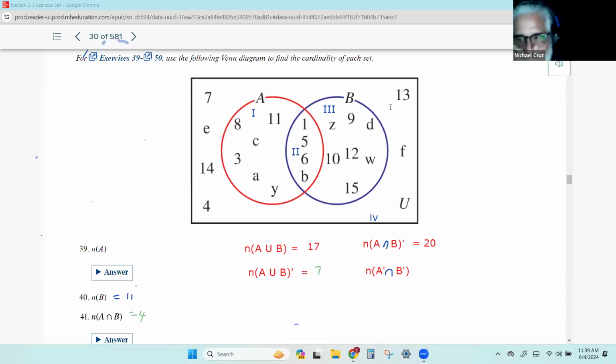So 1, 2, 3, 4. They're always in order, starting with the one on the left, going straight across, and numbering the overlap last.